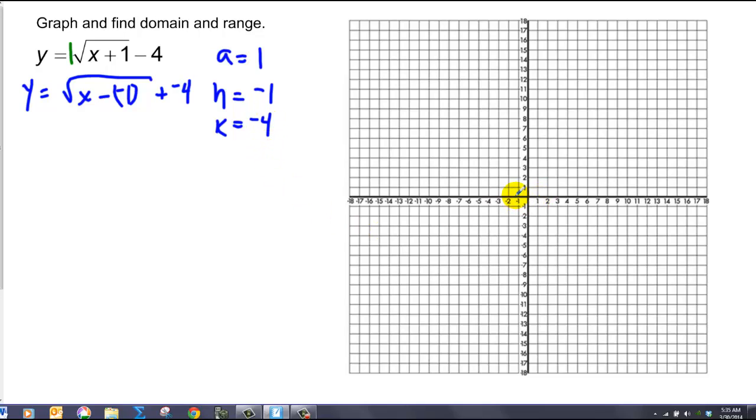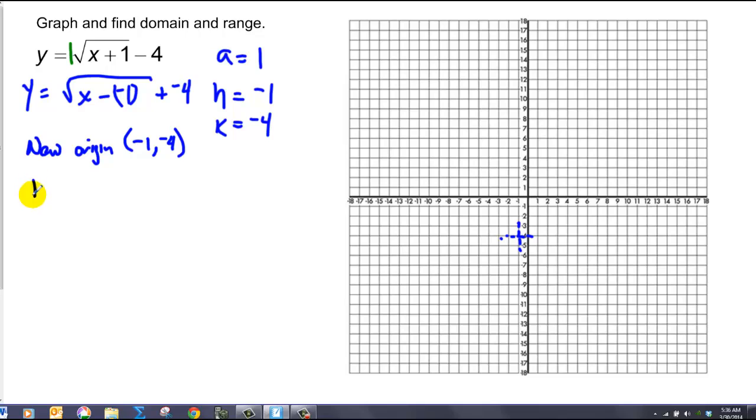So if I move over 1 and down 4, that puts me here. And once again, this cross here is going to represent the origin translated. So our new origin is going to be negative 1, negative 4.